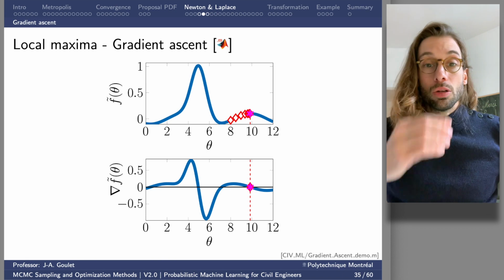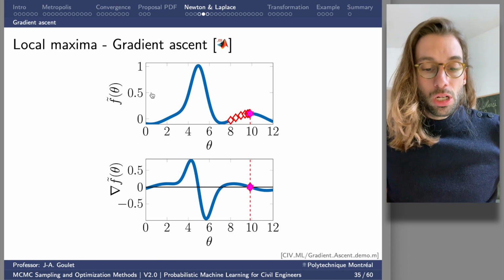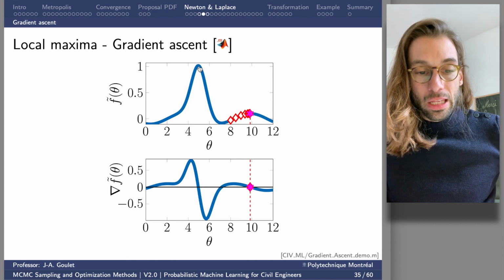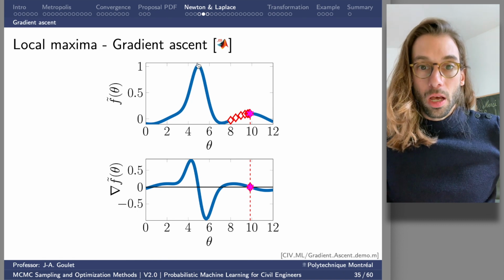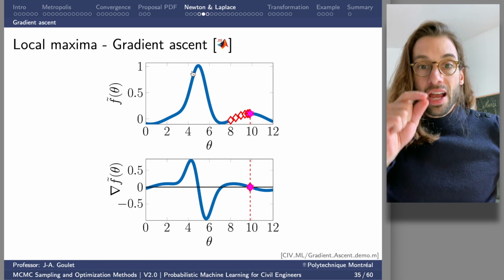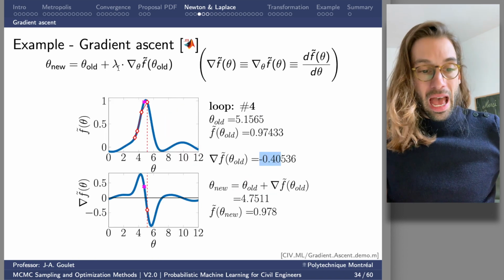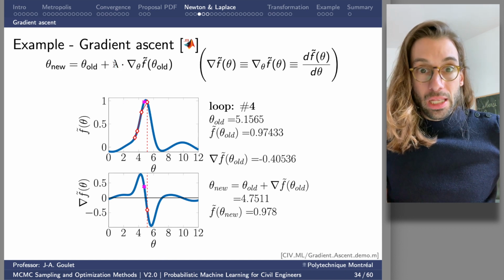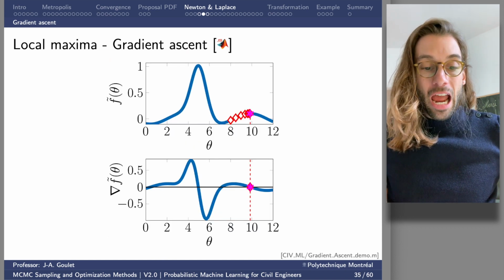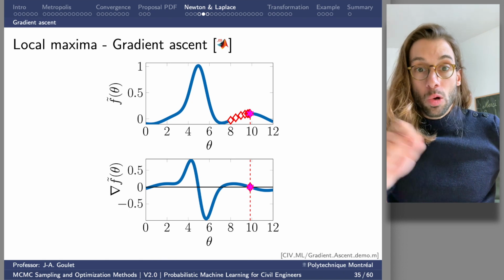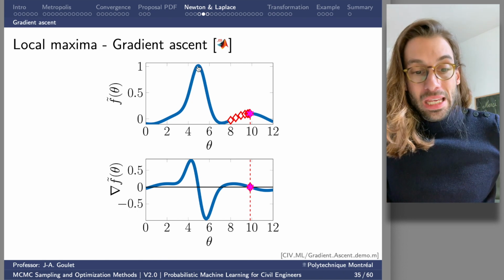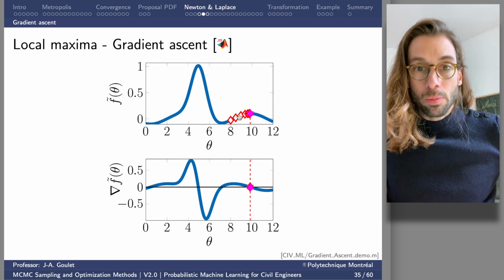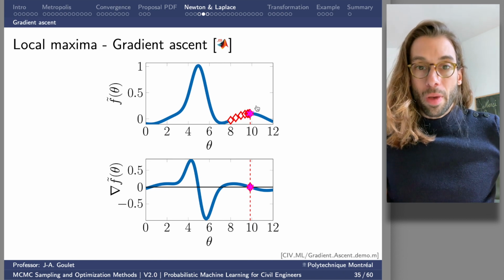One of the main issues of such a gradient-based approach is that if I don't start in the segment leading to the maximum of my function, or if I don't carefully select my scaling factor lambda for my problem (in this case I took lambda equal 1), I might be taking steps that are too big, such that I'm going to miss that maximum and end up in a suboptimal solution on a local maximum, okay?